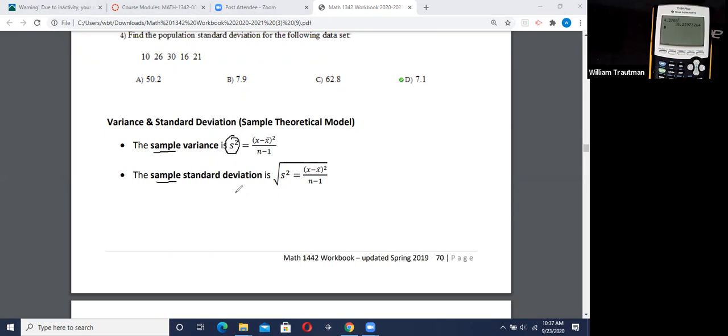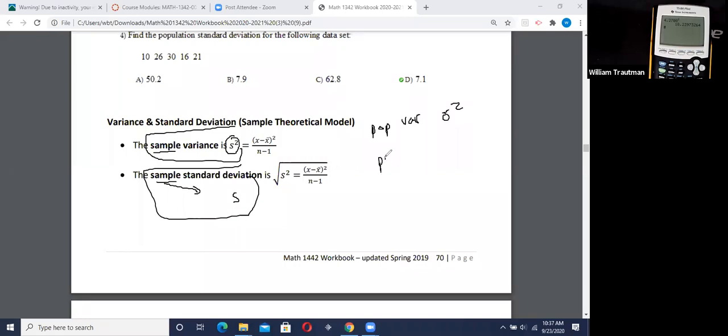Sample standard deviation is S. Once again, up above, we had population variance, sigma squared, and population standard deviation is sigma. So it's important to see, for sample, we use S, and for population, we use sigma.